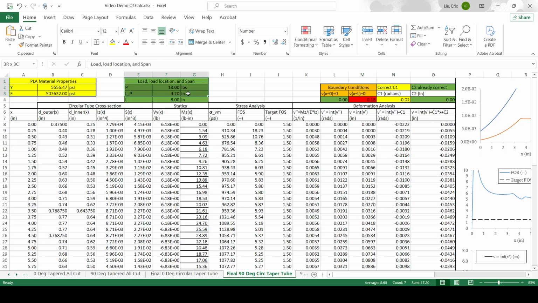For example, we have this section where we have P for load, and then load position, and then the length of the whole beam. In actual process, our beam is 9 inches wide, but for the sake of this Excel file, we are only looking at a certain portion from the supports. So the length is from one support to the other.